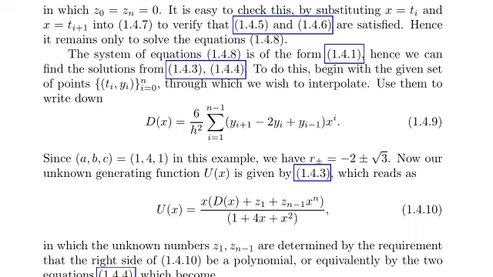And then they've said since a, b, c equals 1, 4, 1 in this example, we have r plus and minus is minus 2 plus or minus root 3.